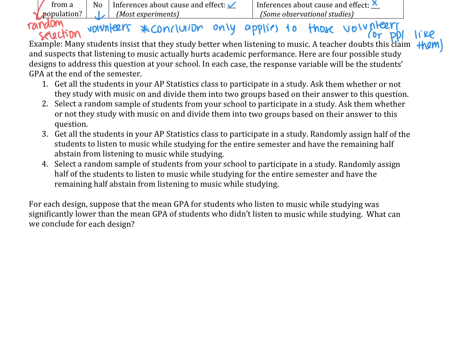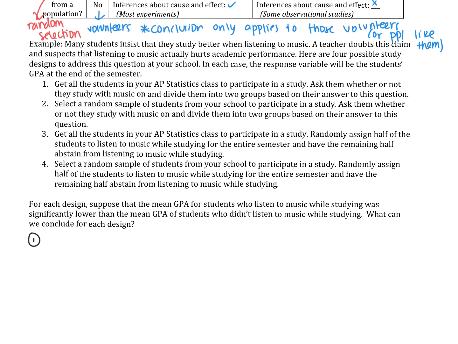For each design, suppose that the mean GPA for students who listen to music while studying was significantly lower than the mean GPA for students who didn't listen to music while studying. What can we conclude for each design? When it says what can we conclude, what I'm asking you is, can we conclude cause and effect? Can we generalize to a larger population? That's really what it's asking.